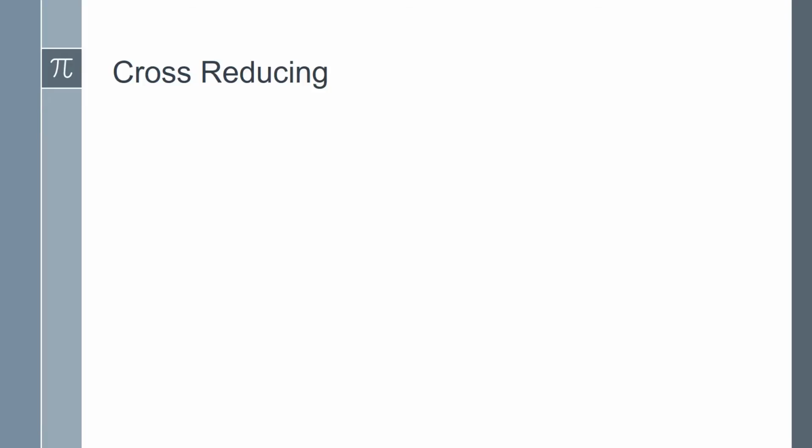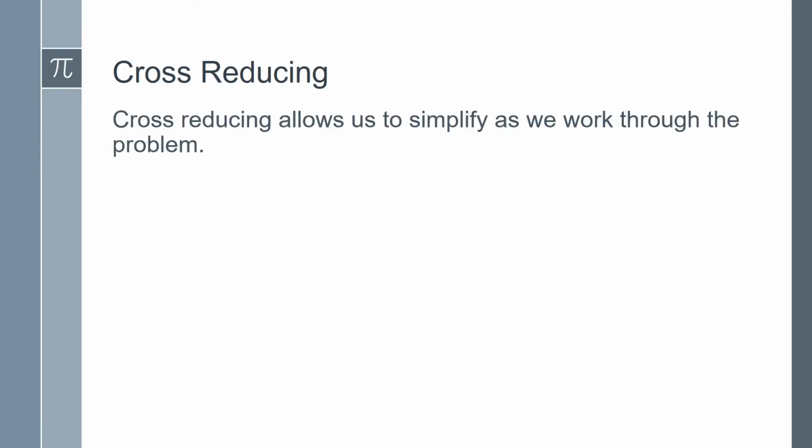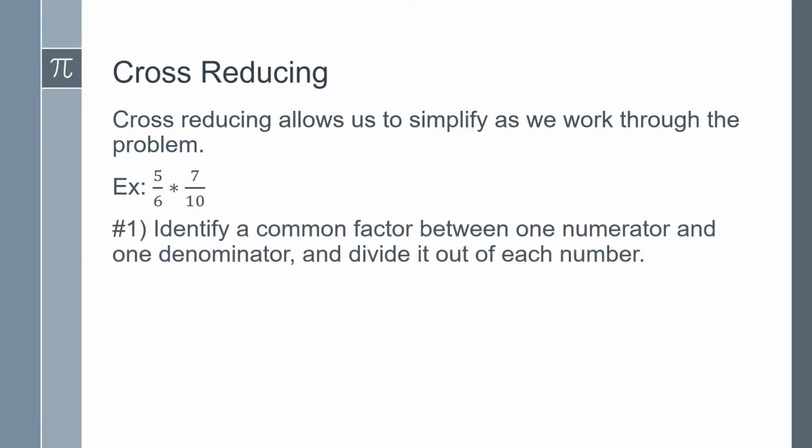Now let's talk about an important strategy called cross-reducing. Cross-reducing allows us to simplify as we work through the problem. For example, if we look at 5/6 times 7/10. The first step is to identify a common factor between one numerator and one denominator and divide it out of each number.